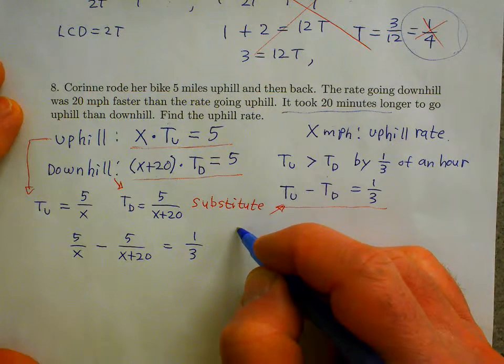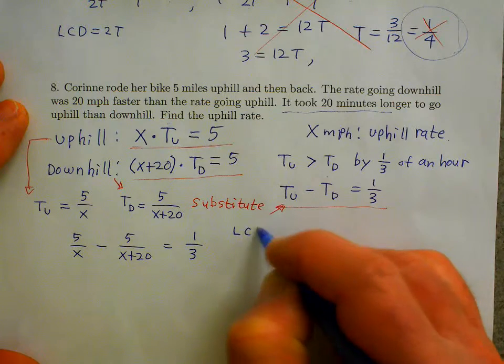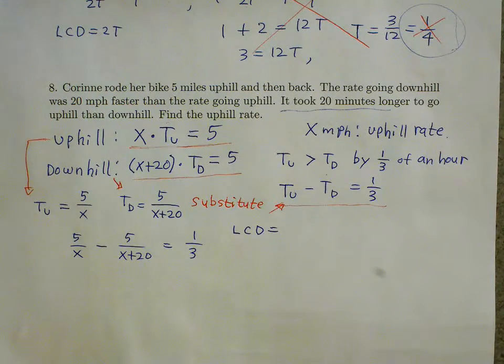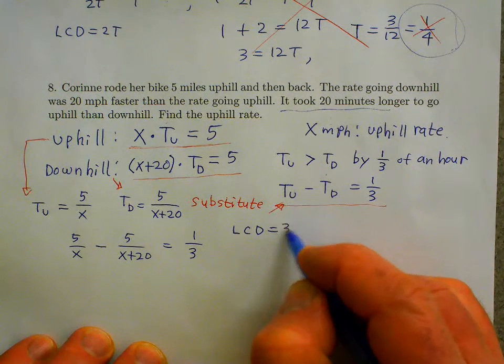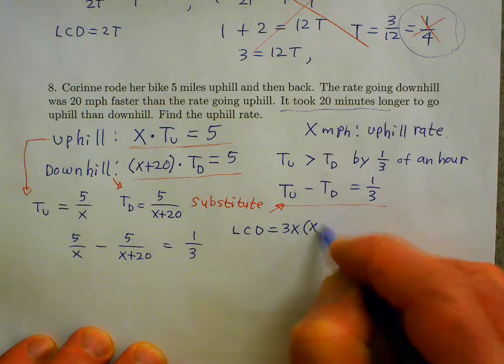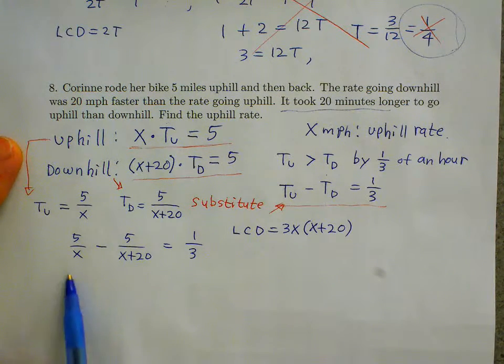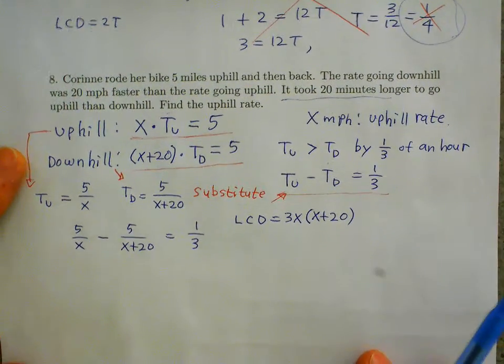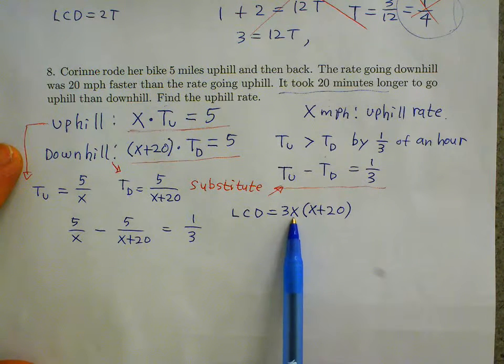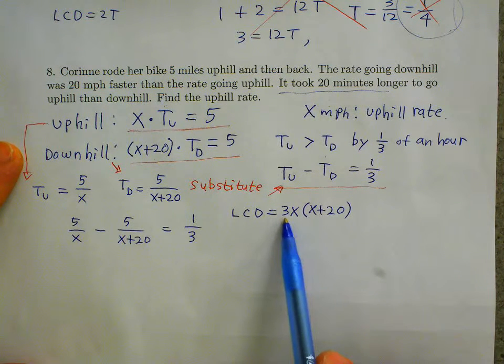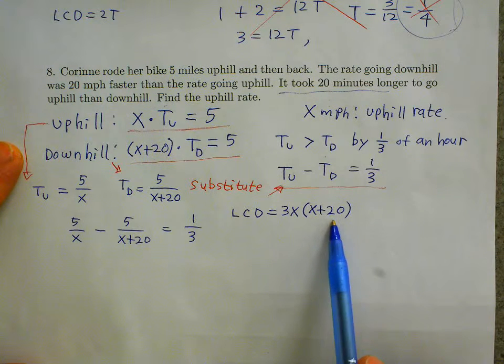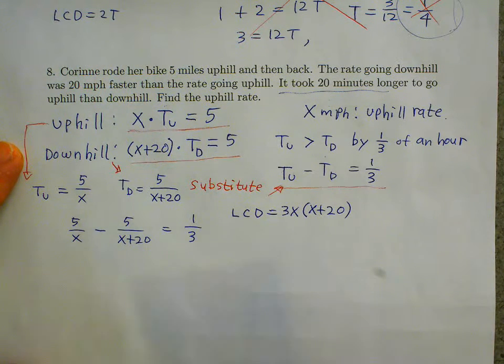It's an equation with rational expressions, so we want to find the least common denominator. The least common denominator this time is 3 times x times the binomial x plus 20. Okay, so we'll multiply every term on both sides by the least common denominator. When we multiply 3 times x times the binomial x plus 20 by 5 over x, the x's are going to cancel each other out.